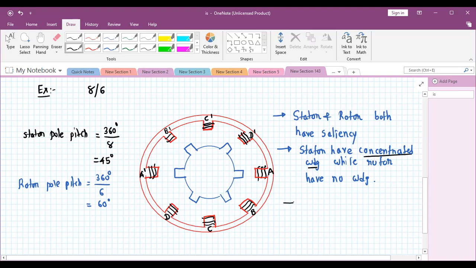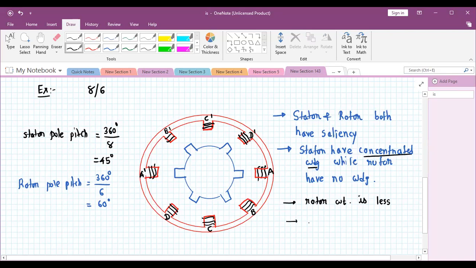What is the advantage? Rotor weight is less, so its equivalent weight we can say is less compared to the other machine.